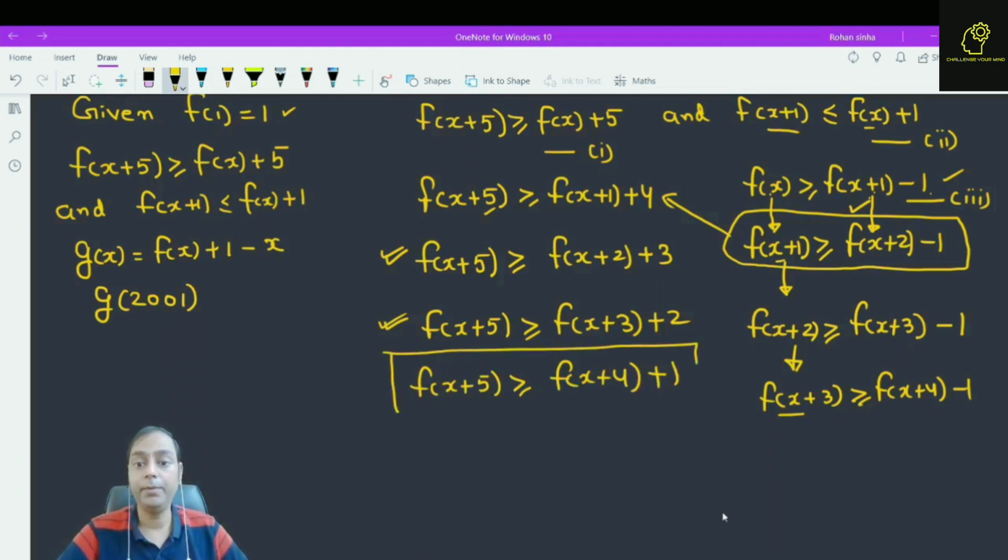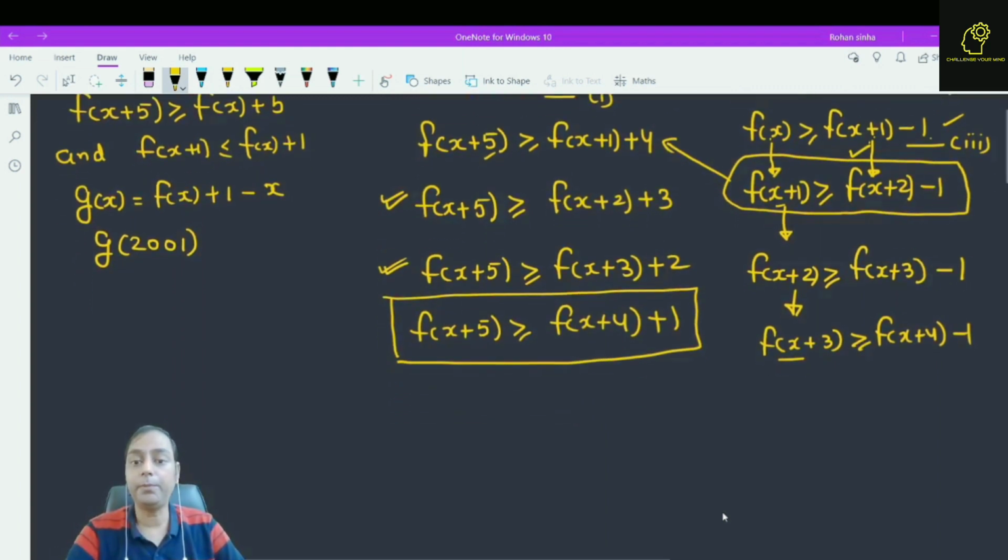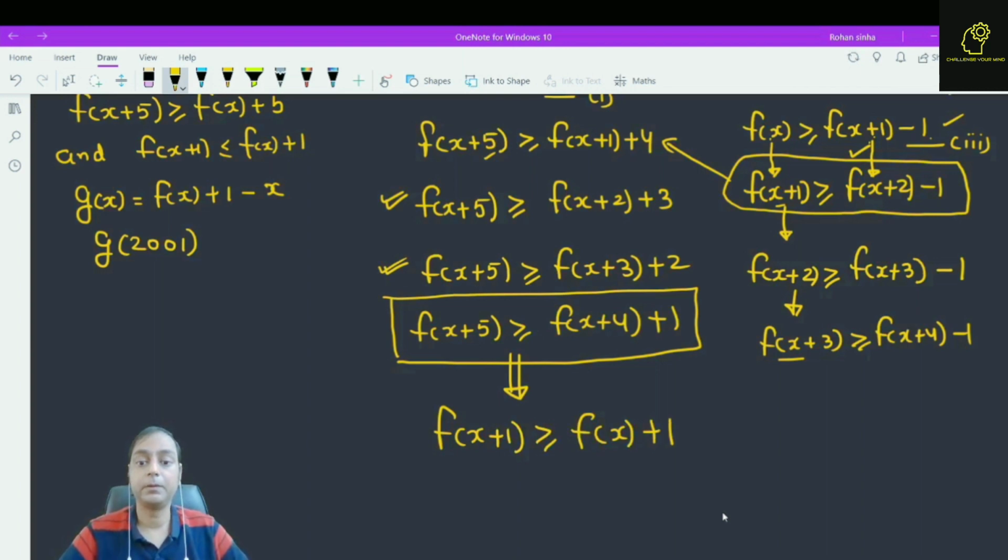Now from here, if f(x+5) is greater than or equal to f(x+4) + 1, what conclusion can we draw? Simply putting x+4 as x, we can conclude f(x+1) is greater than or equal to f(x) + 1.